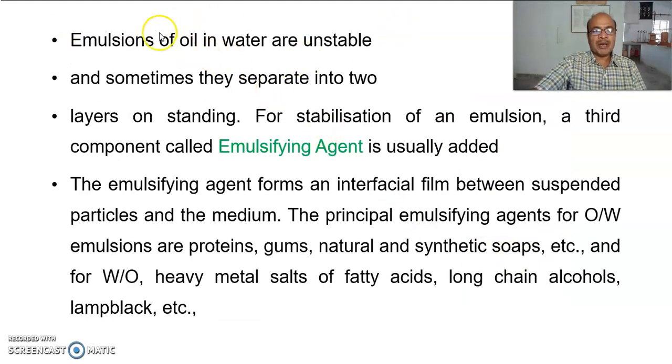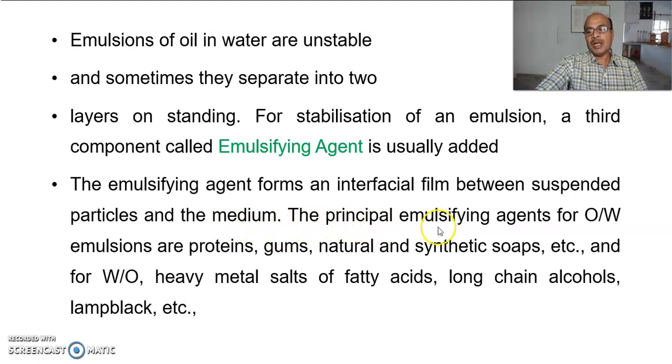The emulsions of oil in water type are unstable, and sometimes they separate into two layers on standing. So for stabilization of these emulsions, a third component called an emulsifying agent is commonly added. So a third substance, a foreign substance, is added to the oil in water type emulsions to make the emulsion stable. The emulsifying agents form an interfacial film between suspended particles and the medium.